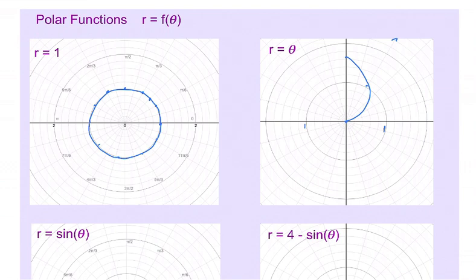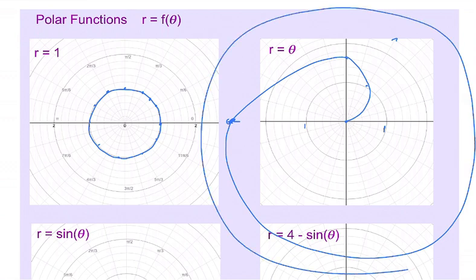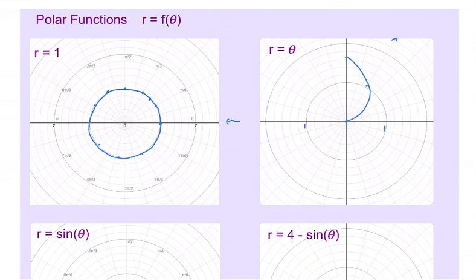By the time we get to pi, so by the time we're facing back here, the radius is all the way out here at 3. And so this will keep going and just make a bigger and bigger spiral as we go. I didn't draw that very well.